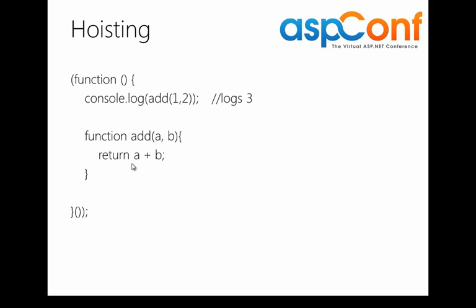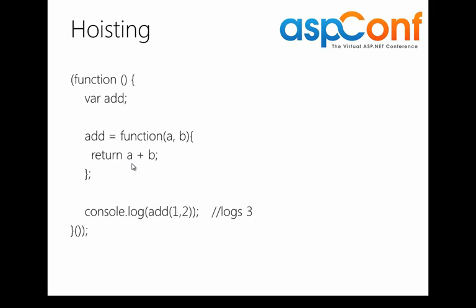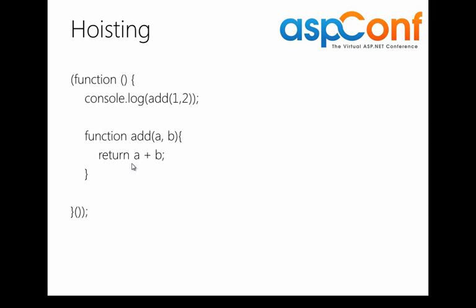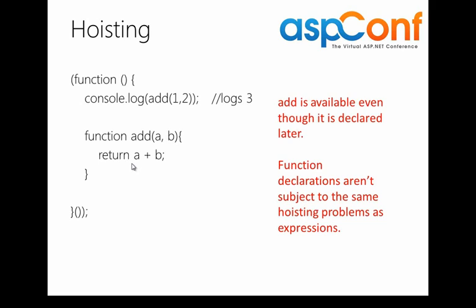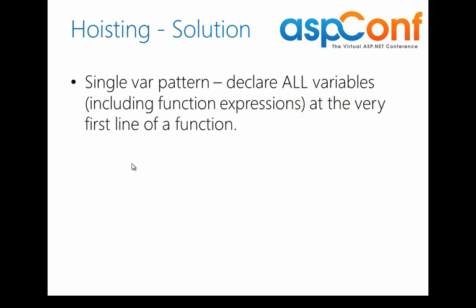And notice the difference between this and this. Over here we were assigning the function to a variable, and that would be called a function expression, whereas over here we are declaring a named function called add. So add is available even though it's declared later. Function declarations aren't subject to the same hoisting problems as expressions.